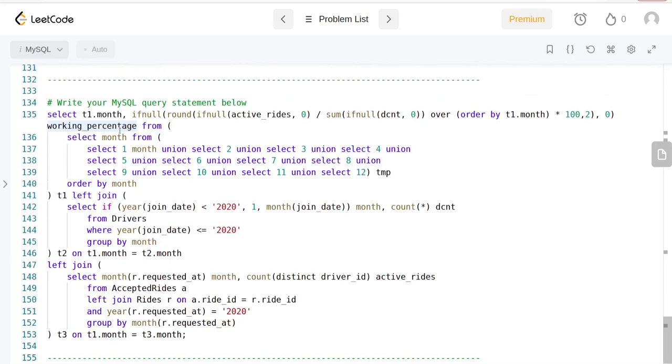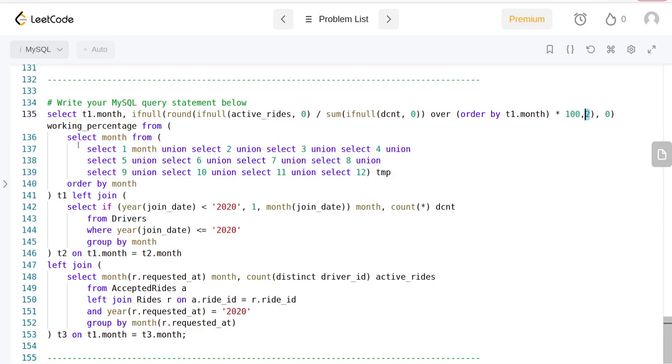So here is the query. We are returning the month from the first column, and then we calculated the other two columns exactly like we did in the last question. But this time, once we have the second and third columns, we take the ratio, multiply it by 100, round it to 2 decimal places and return that.